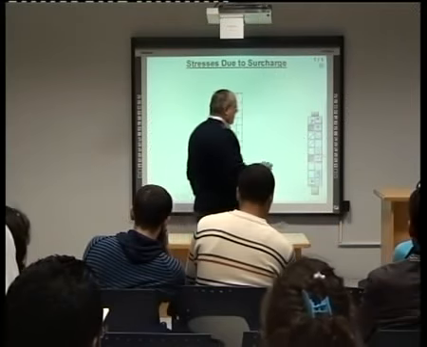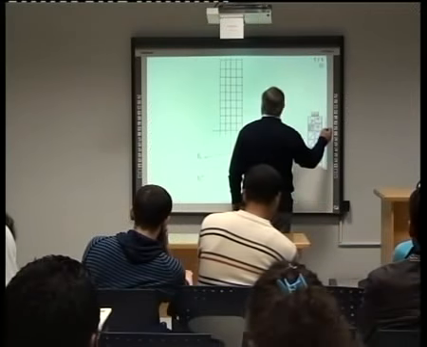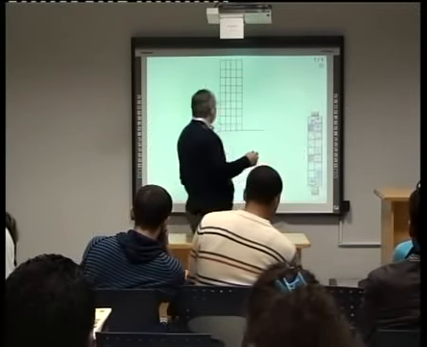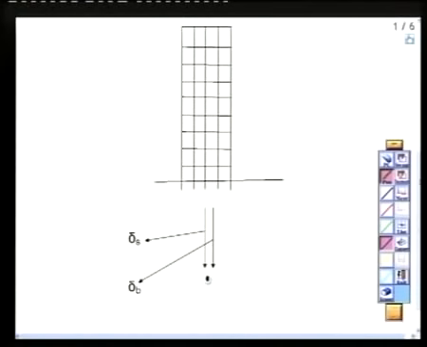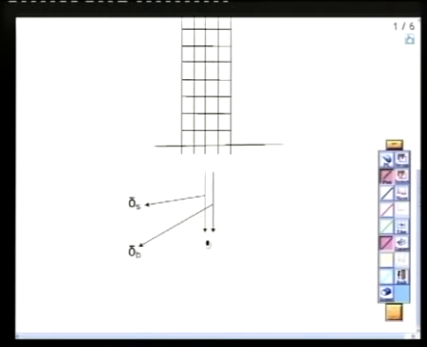As we explained in the previous lecture, if we have, for example, a building, then when we try to find the stress at point A, this is point A. So there will be two types of stresses.